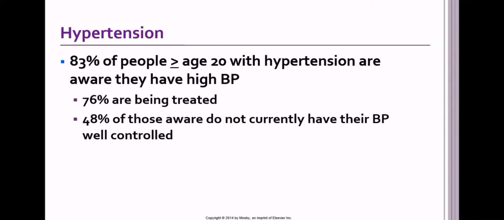Target goals take into consideration both age and comorbidities when recommending treatment options. National guidelines are designed to apply to all racial and ethnic groups. However, certain groups have a higher incidence of risk factors.